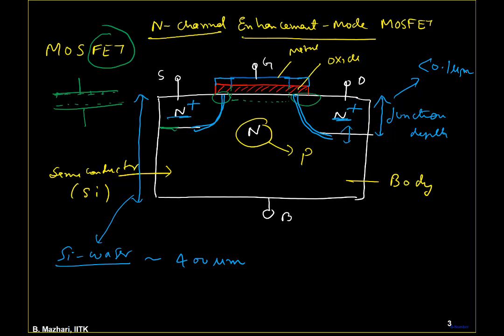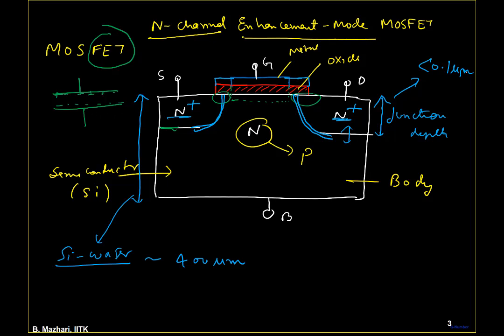The rest of the silicon wafer plays no role, except for providing mechanical strength and stiffness. You don't need 400 micron thickness as far as the MOSFET is concerned, but you have to make it 400 micron thick so that you can hold it and do processing over it. Now, we cannot draw something which is 400 micron.